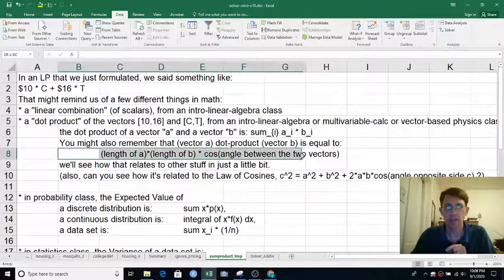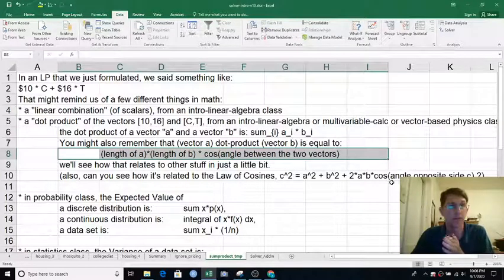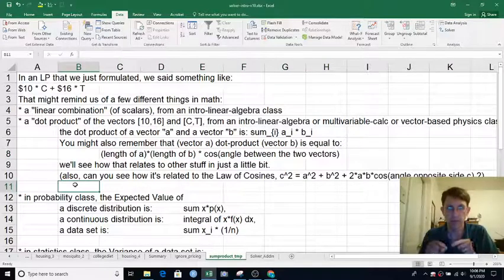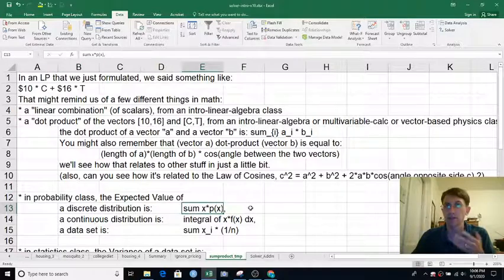Maybe you can also see how this is related to the law of cosines you might remember from trig class. It's okay if you don't, but it's a nice link between interesting things. This idea of multiply things in pairs and then add them all up also happens in probability class, where we're talking about the expected value of a discrete distribution. We even do this for continuous distributions.